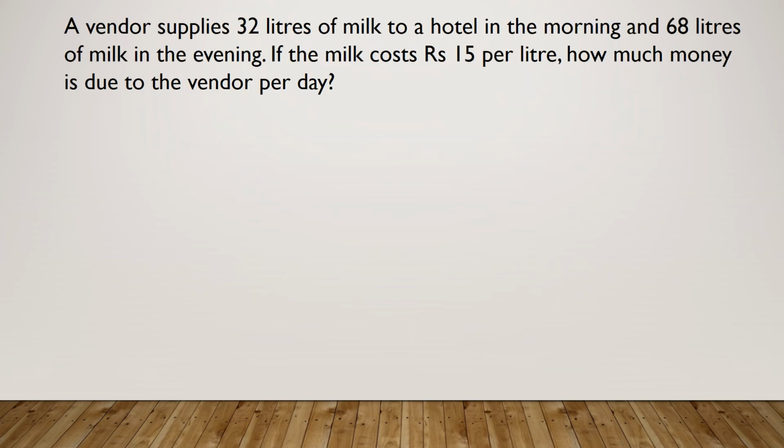The next question is, a vendor supplies 32 liters of milk to a hotel in the morning. So milk supplied in morning is equal to 32 liters.